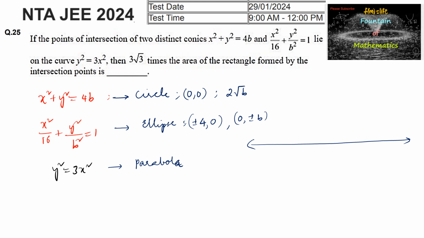First there is a circle, a circle x square plus y square is equal to 4b, and there is an ellipse.